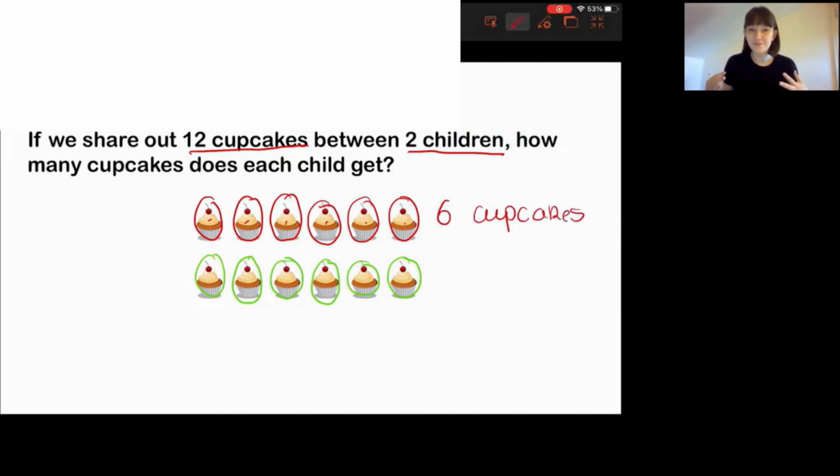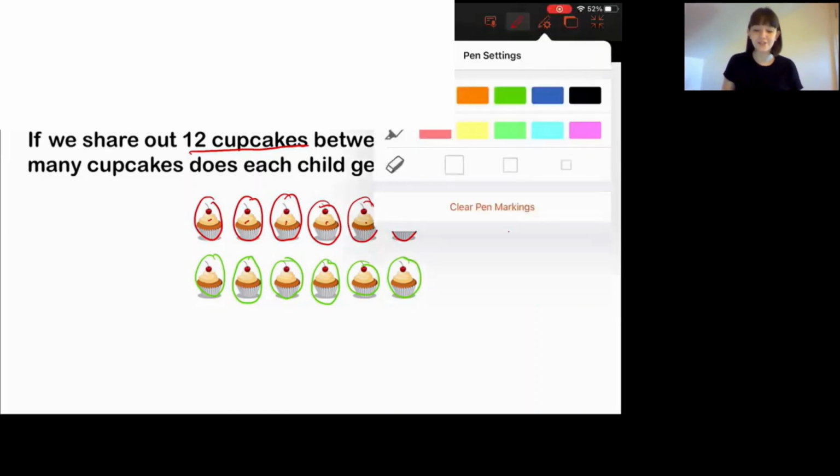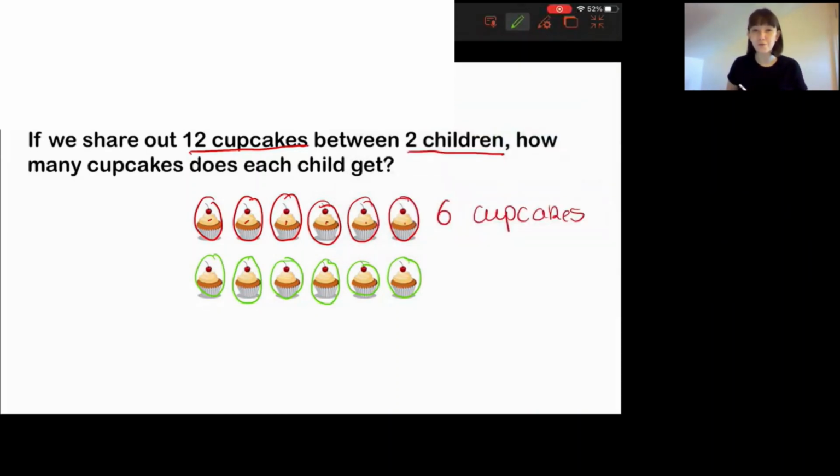Now remember I said with division it's really important that there's the same number in each group. So we need to check that group 2 also has 6 cupcakes. So let's count them. We have 1, 2, 3, 4, 5, 6. We do have 6. We have another 6 cupcakes in group 2. And this shows us that we have shared our cupcakes equally, haven't we?